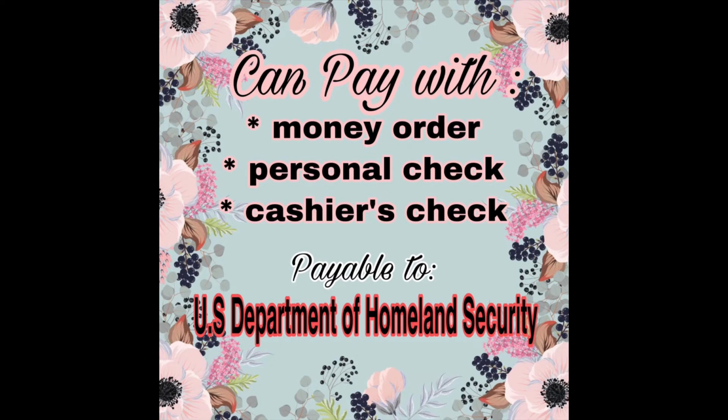You're going to include that with your petition, your application, when you send it. And make sure that your check, money order, or cashier's check is payable to the U.S. Department of Homeland Security. That is very, very important, or else they're not going to accept your application. They're going to return all your documents.